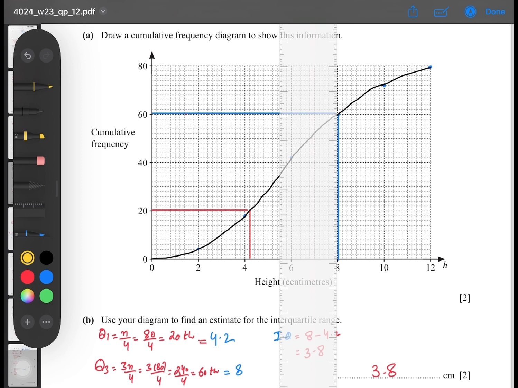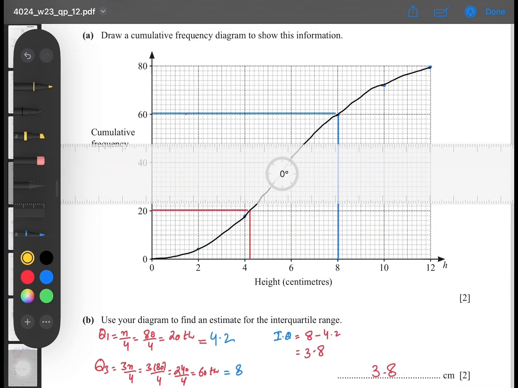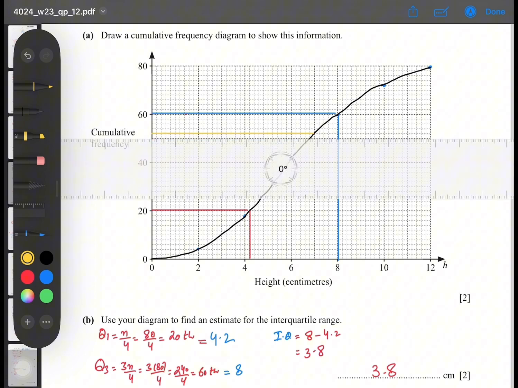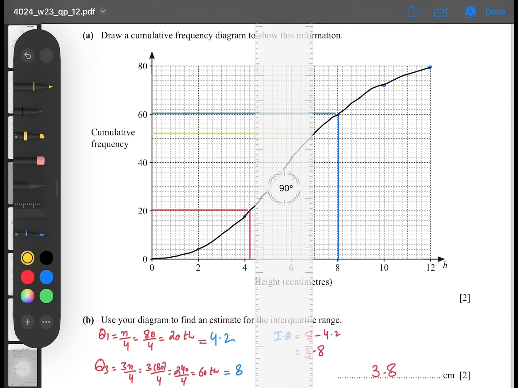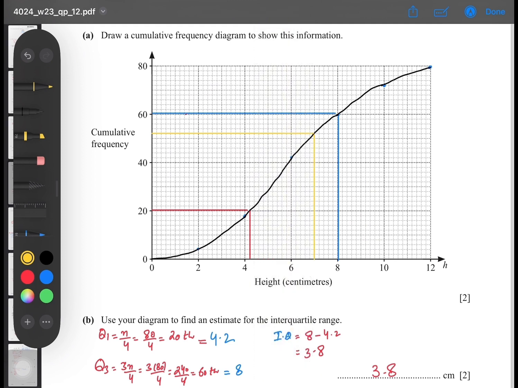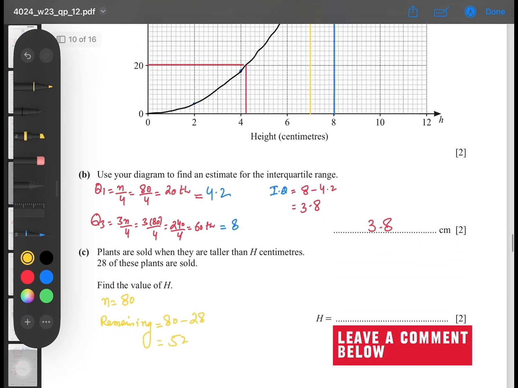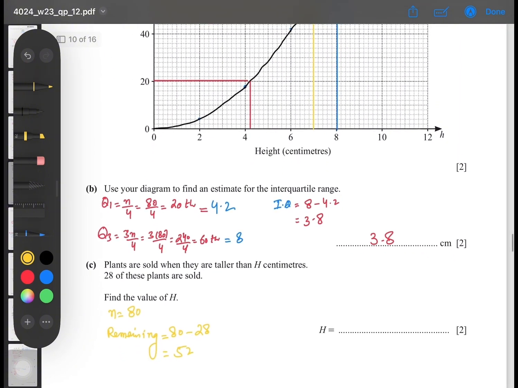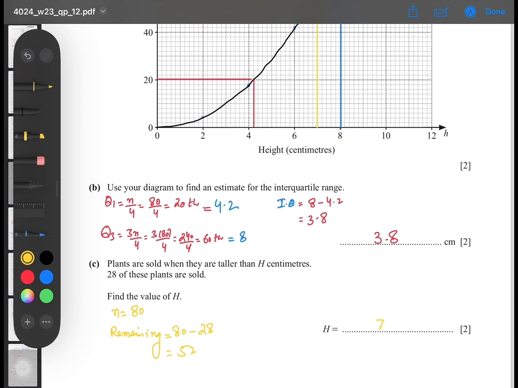So I will draw the line at 52. So the corresponding height is 7. Seven centimeters. So this is the answer.